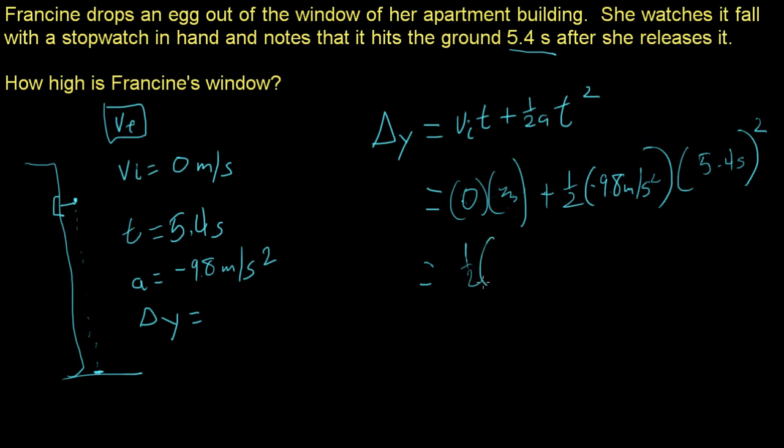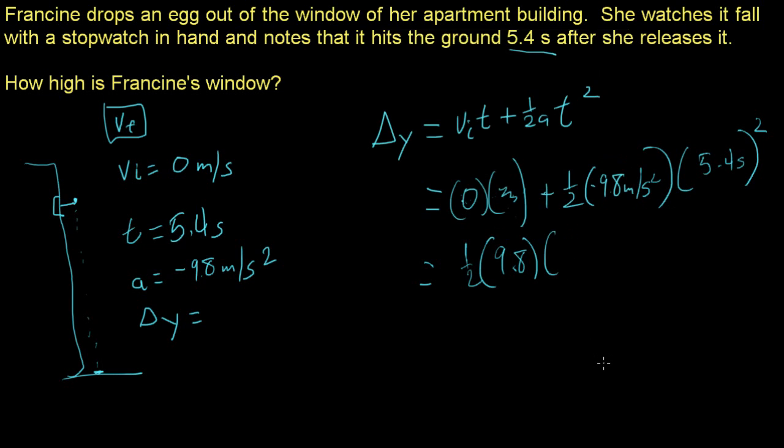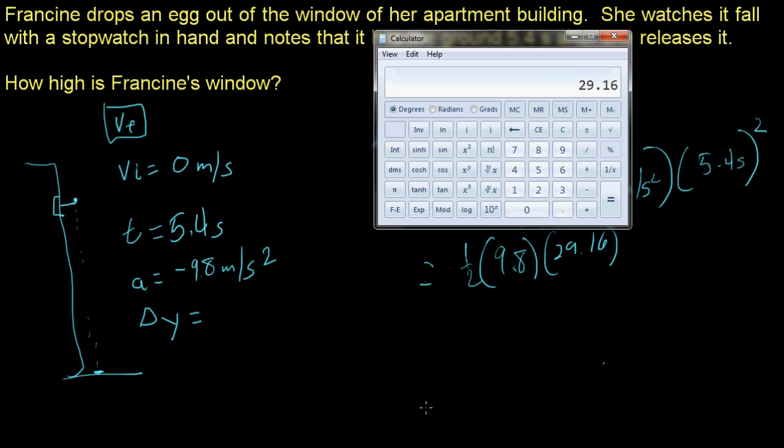So 1/2 times 9.8 times 5.4 squared. What's 5.4 squared? 29.16. Alright, so that times 9.8 times 1/2.